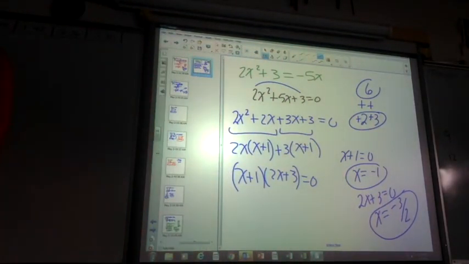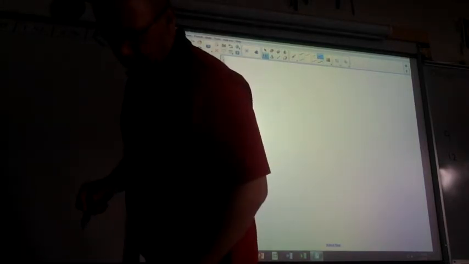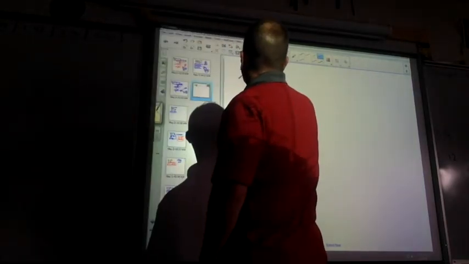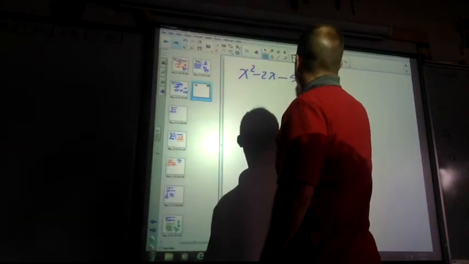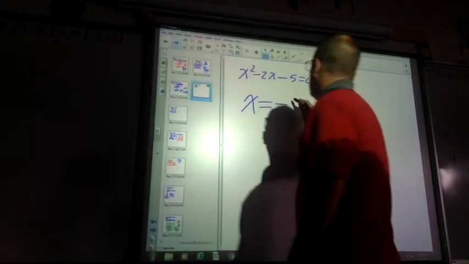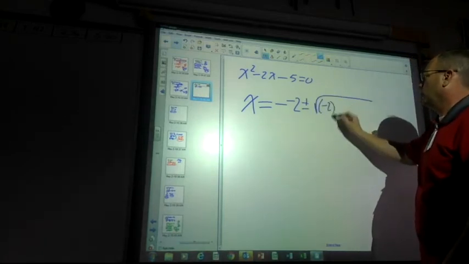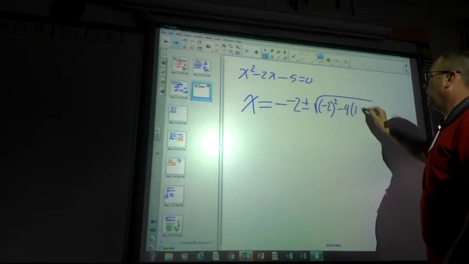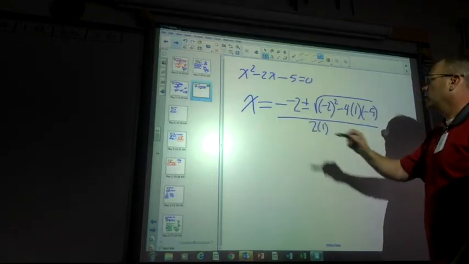Oh, good. Look, the next one says, use the quadratic formula. Yay! Ready? Here we go. I got x squared minus 2x minus 5 equals 0. Okay, so x is equal to negative b plus or minus the square root of b squared minus 4ac all over 2a, right?